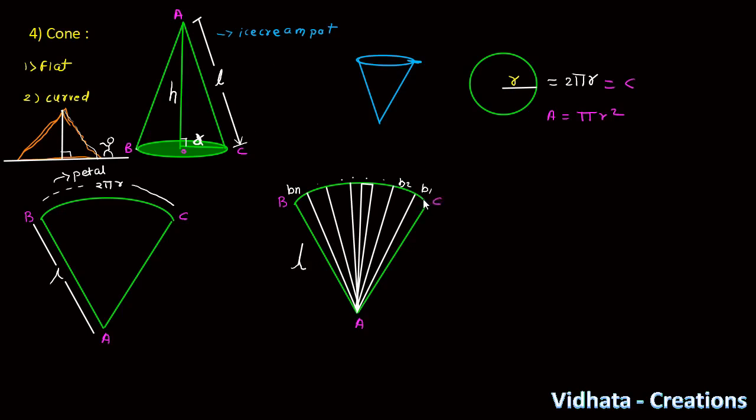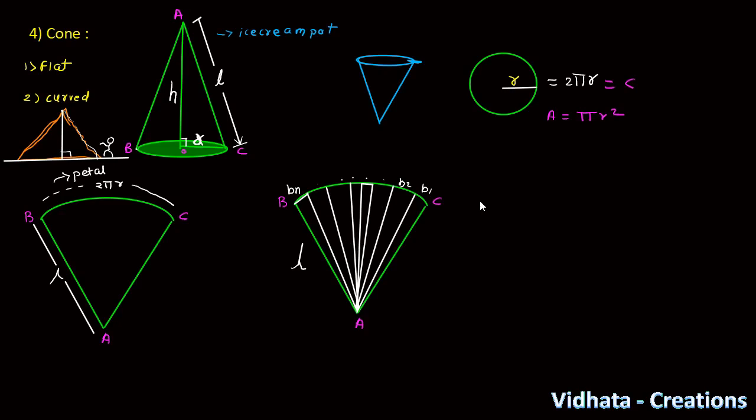Here we got the base of the first triangle as B1, and the base of this last triangle here is BN, and the height of all the triangles is L. So if I try to calculate the area of the whole of this petal, I will have to add the areas of all these triangles.